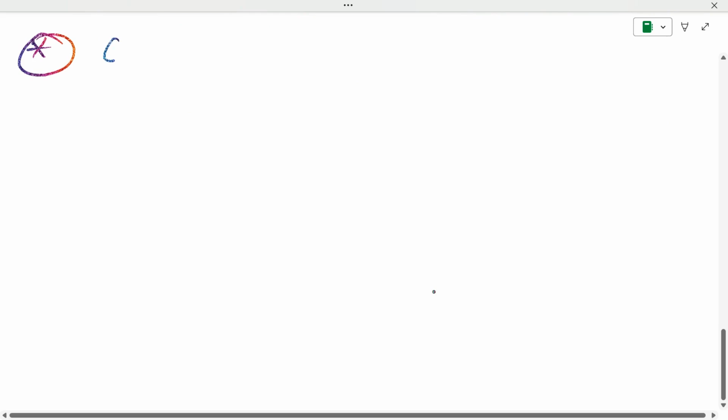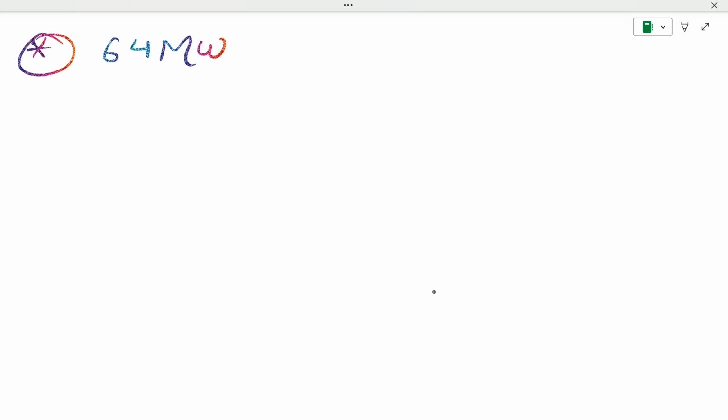So let's say we have a system, and the system consists of 64 megaword, that is its capacity, and each word has a size of 512 bits.